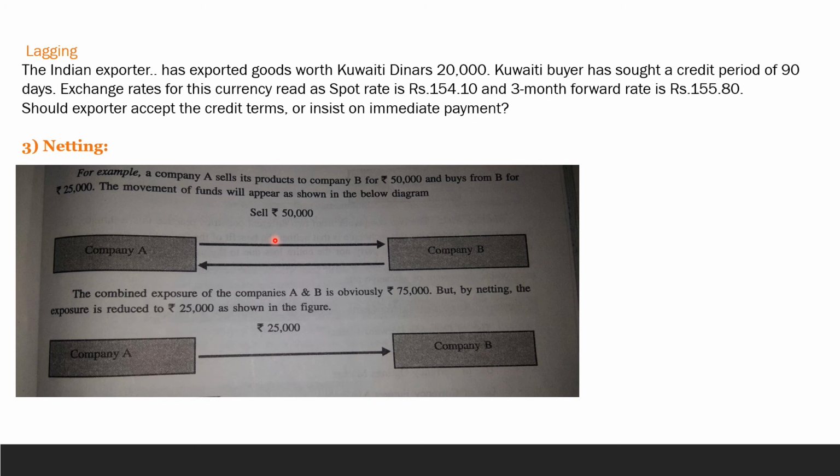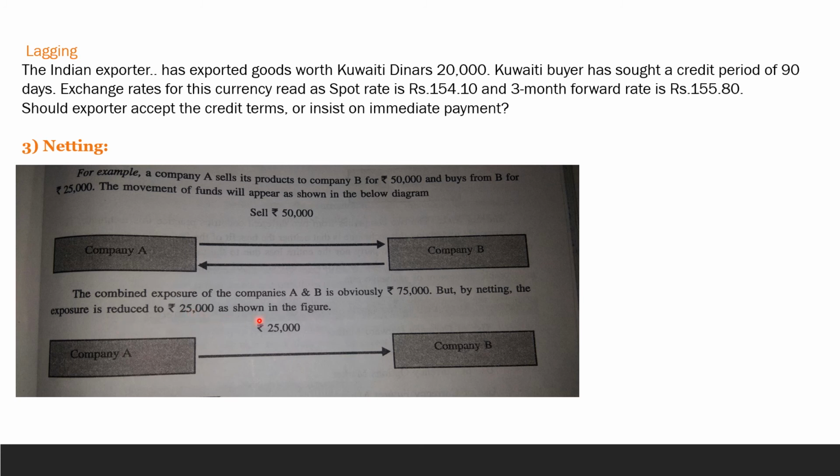So here A is selling to B. In return, B is making payment of rupees 50,000. This is the first transaction, and in the second transaction B is selling to A for rupees 25,000. So the combined exposure of the companies A and B is obviously 75,000, but by netting the exposure is reduced to 25,000.